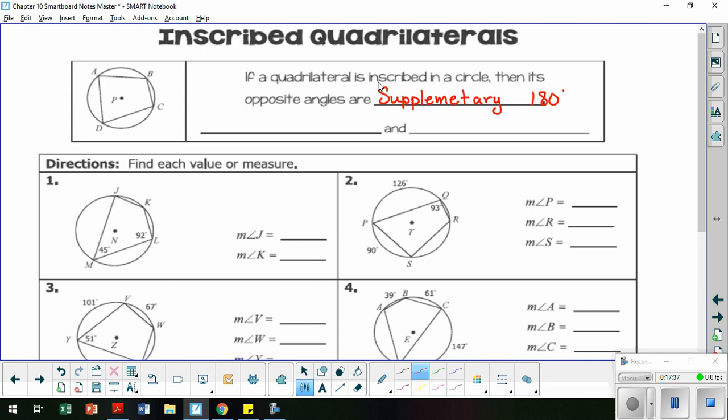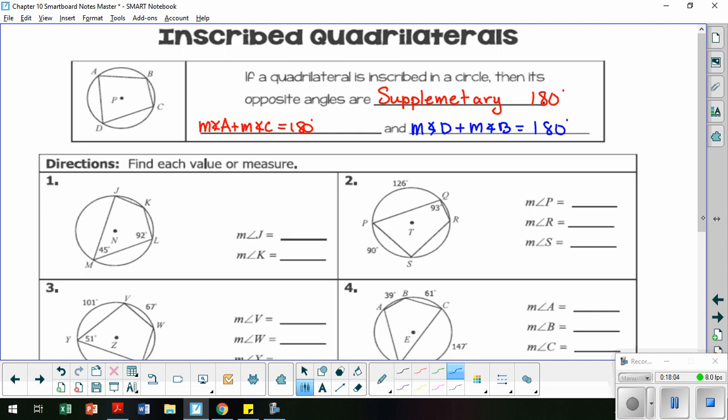So if we look over here, we know that the measure of angle A plus the measure of angle C is going to equal 180. The measure of angle D plus the measure of angle B is going to equal 180.